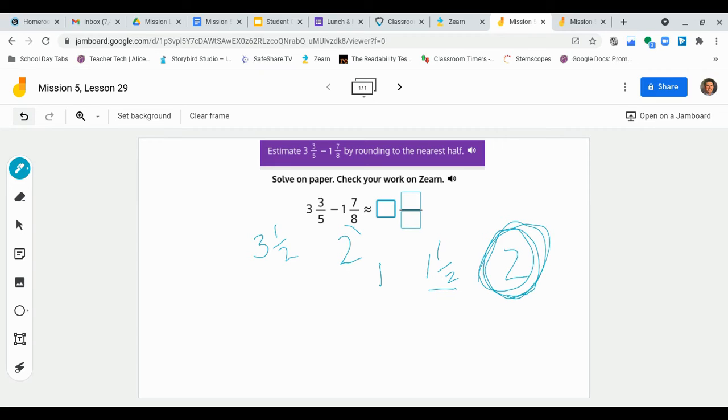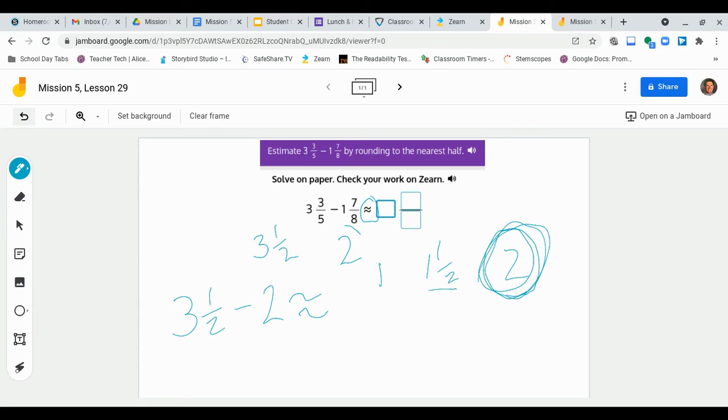So the real equation I'm doing is 3.5 minus 2. You notice here that it's not an equal sign. That is an approximately equal sign, actually. That means about how much. It's not going to be an exact number. Whenever you see that kind of wavy equal sign, it means about how much is it, so you're going to round or estimate.